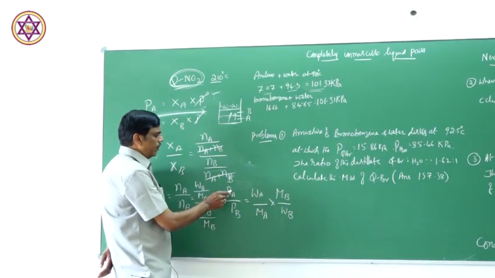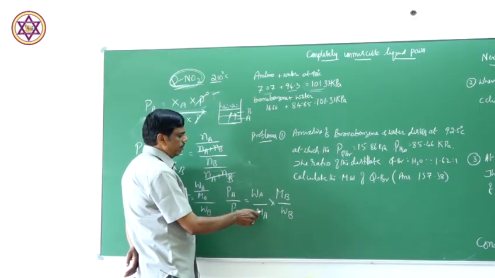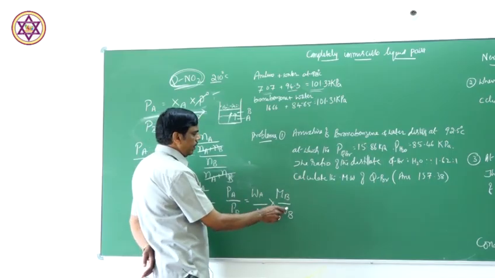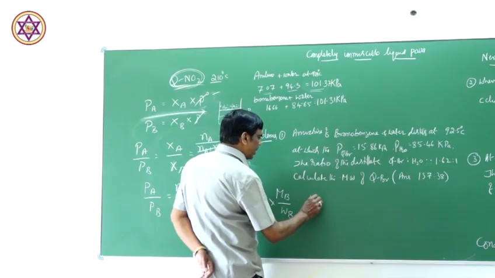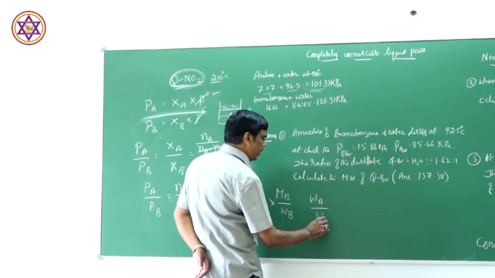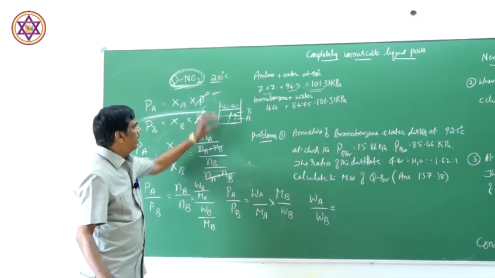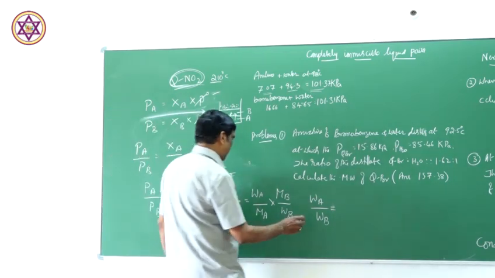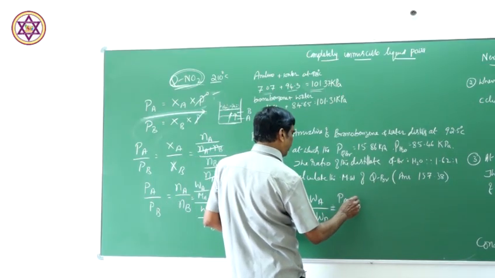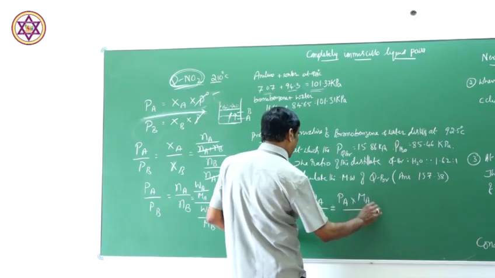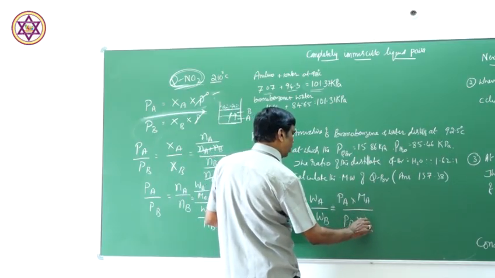So, this is the partial pressure of A, partial pressure of B, this is the weight fraction of A, this is the molecular weight of A, molecular weight of B divided by weight fraction of B. Now, you come to the weight fraction Wa by Wb, weight fraction of component A and component B in this vapor mixture is equal to Pa into Ma divided by Pb into Mb.